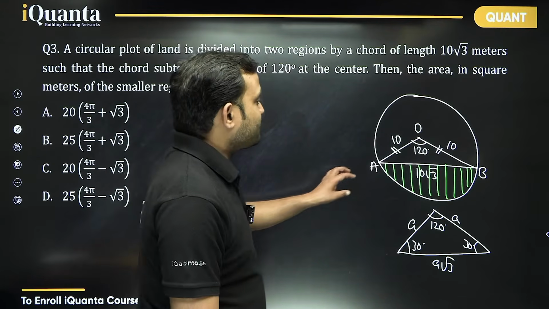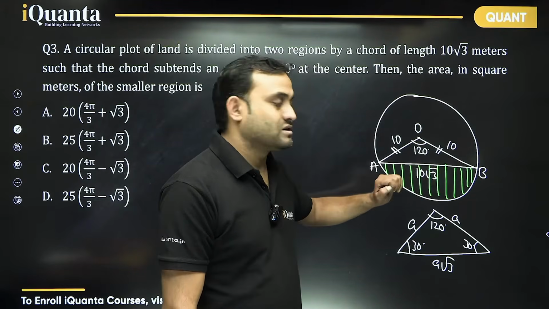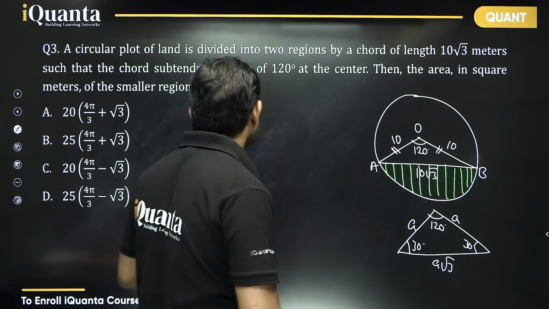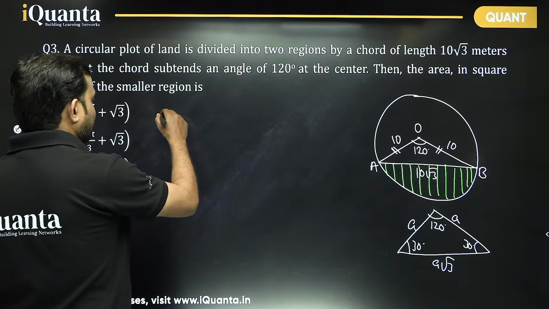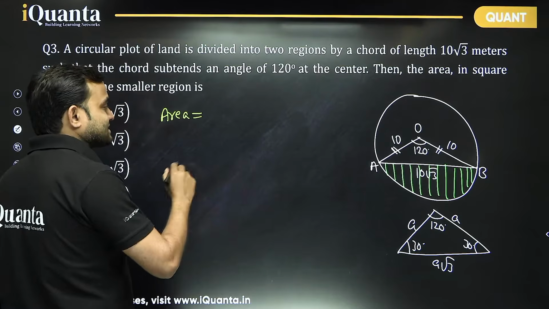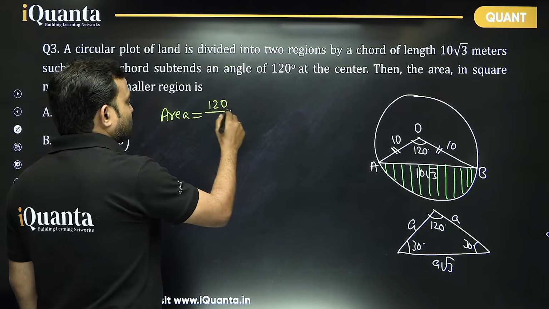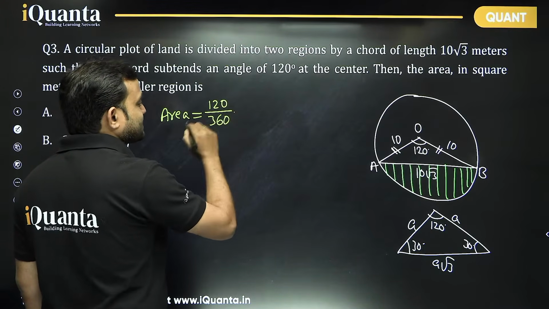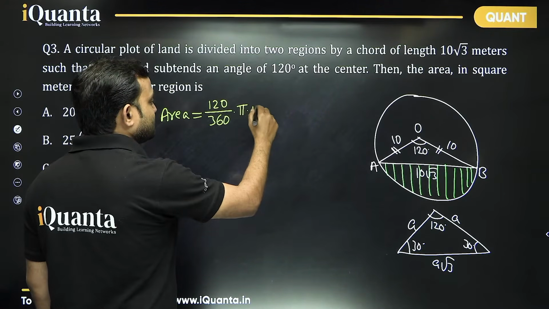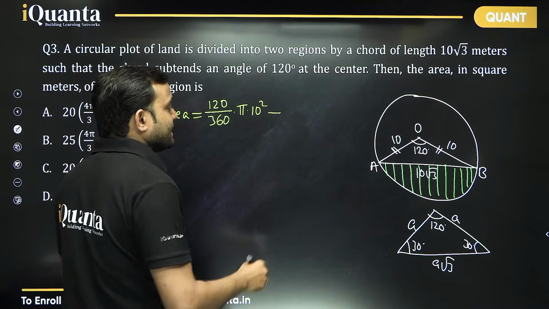So the area of this region is the area of this whole sector minus the area of this triangle. Can I say that the area we are looking for will be equal to the area of this sector. So 120 upon 360 pi r square, r is 10, so 10 square, minus the area of this triangle.